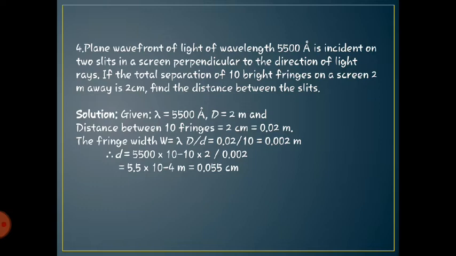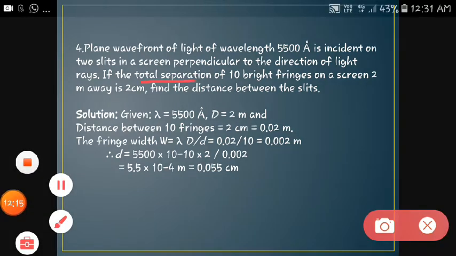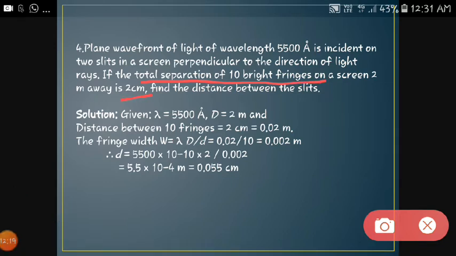The total separation of 10 bright fringes is given on a screen 2 meter away. That means capital D, the distance between slit and screen, which is 2 meter, is given, and the total separation of 10 bright fringes is 2 centimeter.